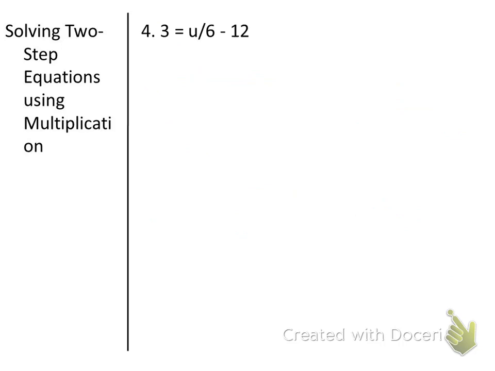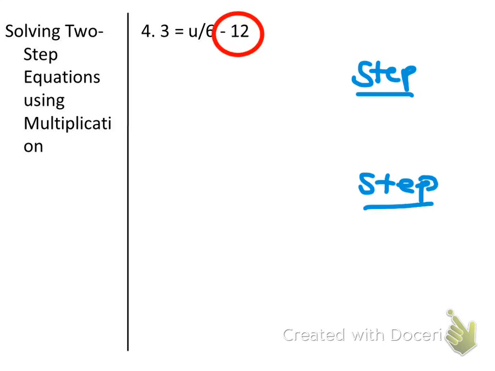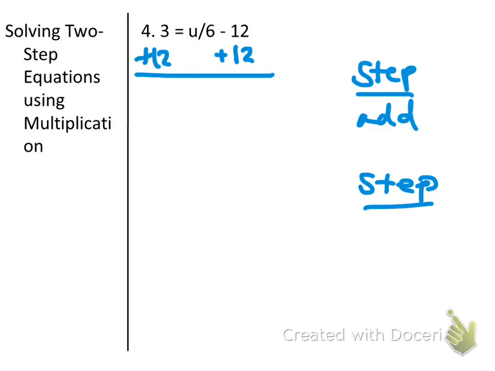Okay, now for number 4, we have 3 equals u divided by 6 minus 12. So for step 1, I see minus 12, so the opposite of a minus is plus, so we're going to add 12. 3 plus 12 is 15.